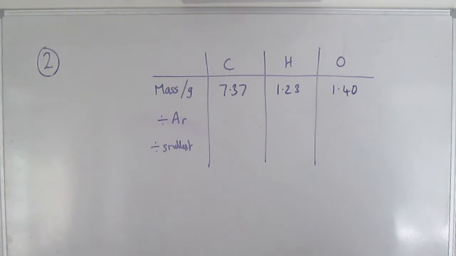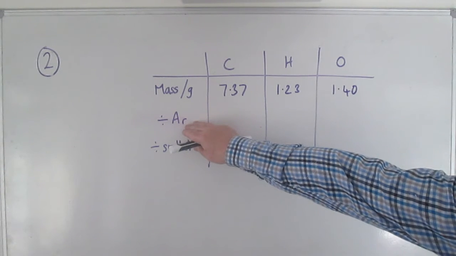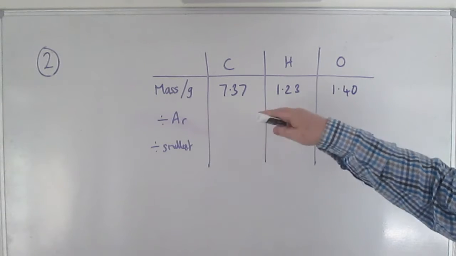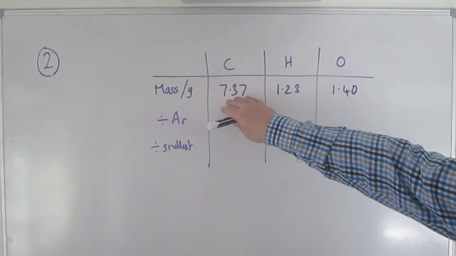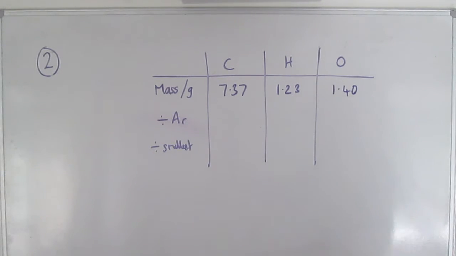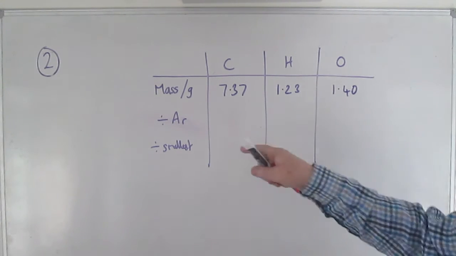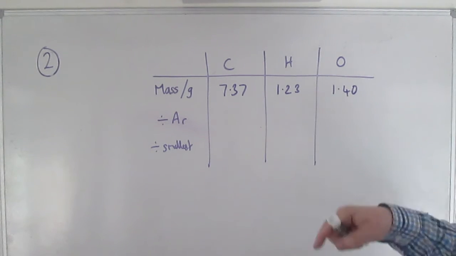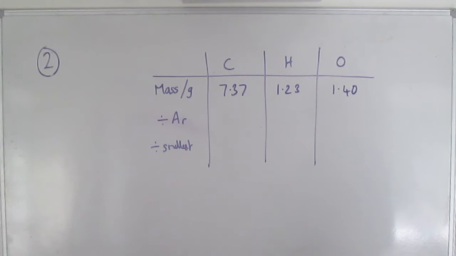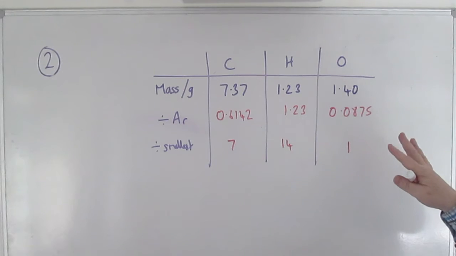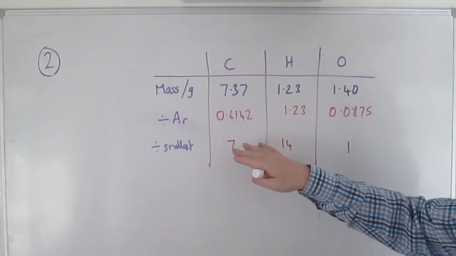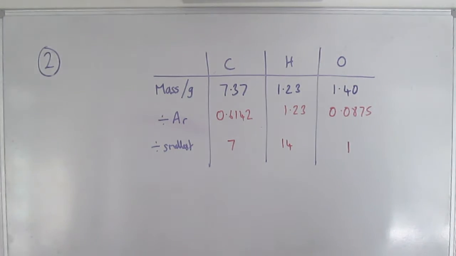And then remember, what you do is you divide by the relative atomic mass for each element, because that turns them from being relative masses, which they are at the beginning, into relative moles, which is what you want. And then you divide by the smallest of the 3 numbers you get, because that will, with a bit of luck, then give you whole numbers, which is what you need for the empirical formula. And if you do that, you get this. And these numbers give you your empirical formula.